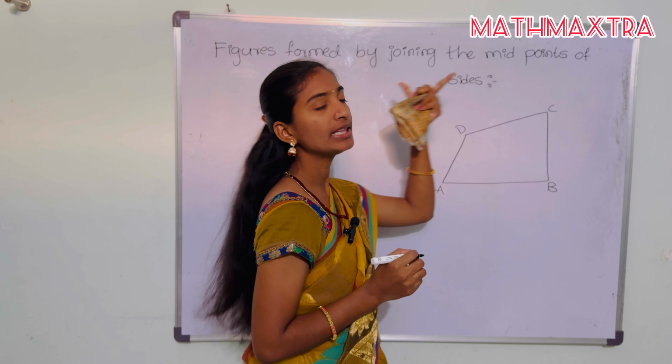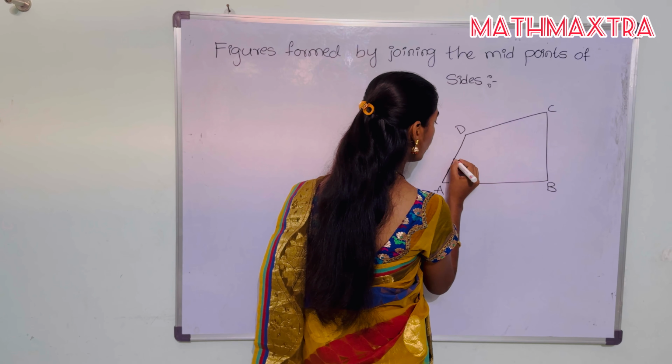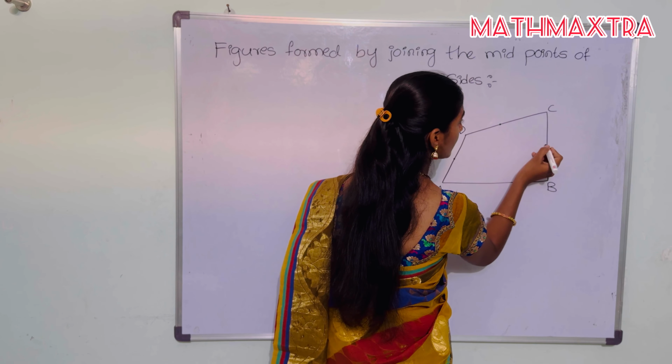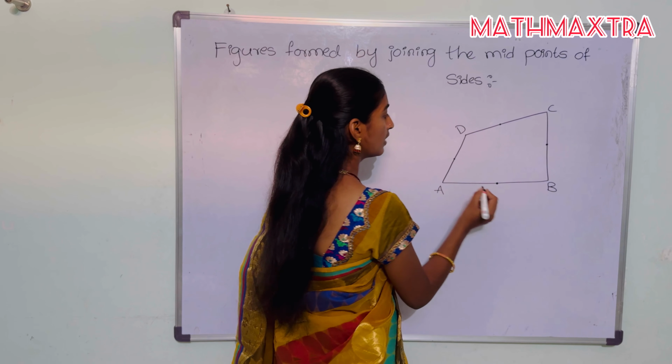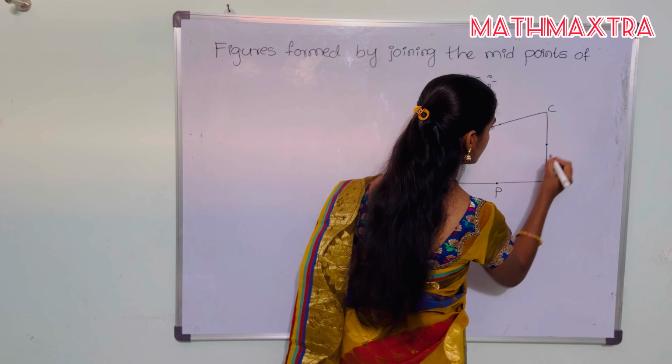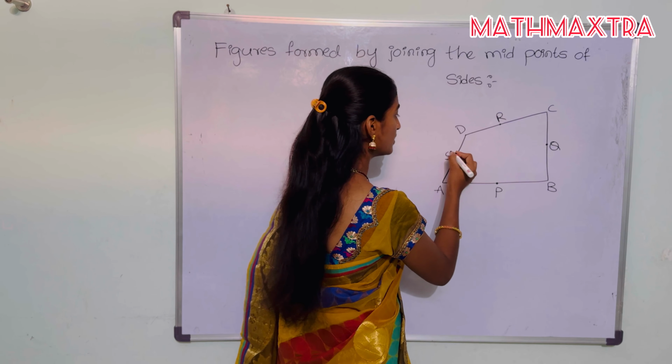Now what we are doing? We are joining the midpoints of the sides. First, locate the midpoints of all the sides. So these are the midpoints of all the sides. Let us consider these are the points P, Q, R, S, the midpoints.